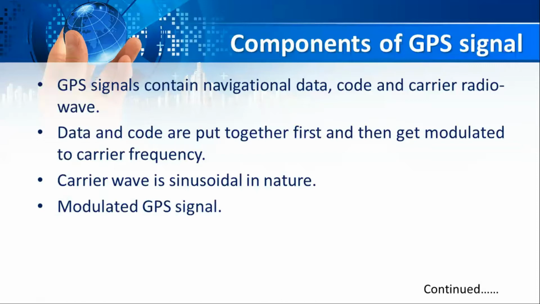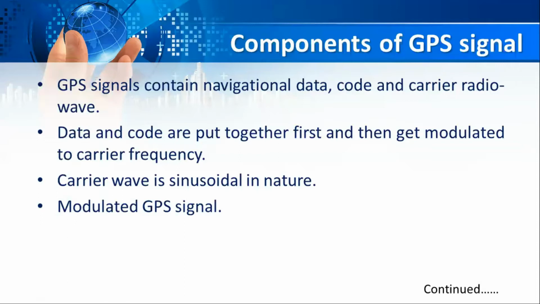So in using GPS, the GPS signal contains some navigational data. It contains some code and carrier radio wave. You have already learned that the GPS signal is a radio wave. This is the navigational data, code and carrier radio wave.